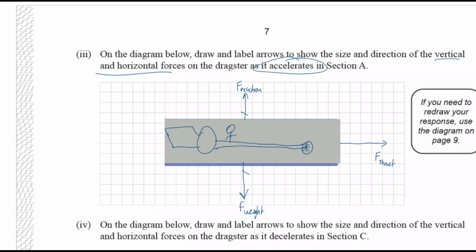However, since we know it's accelerating to the right, we know that there's a net force to the right, which tells us that the thrust force is greater than the drag force, or the friction force. Right, so the thrust force is greater than, or much greater in this case, than the drag force.